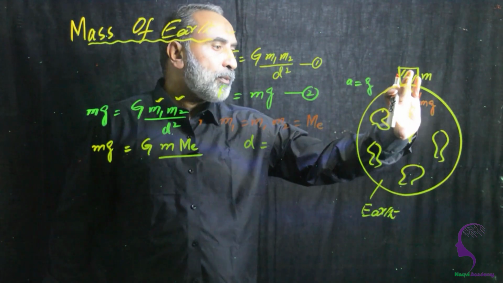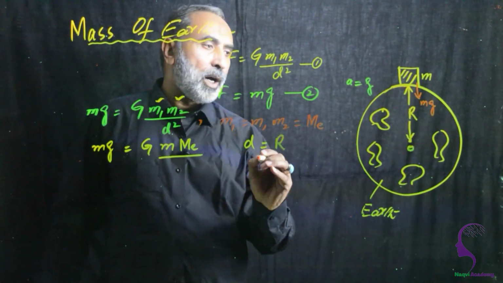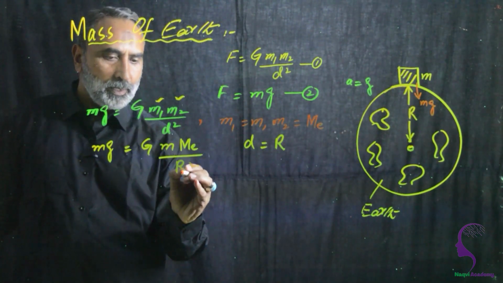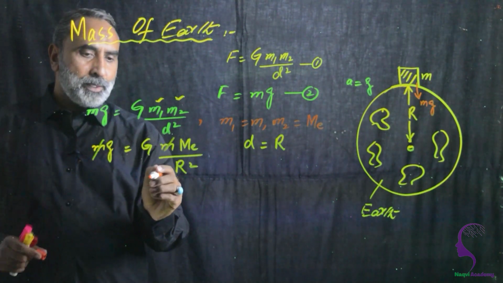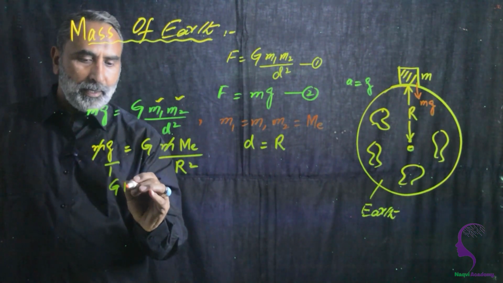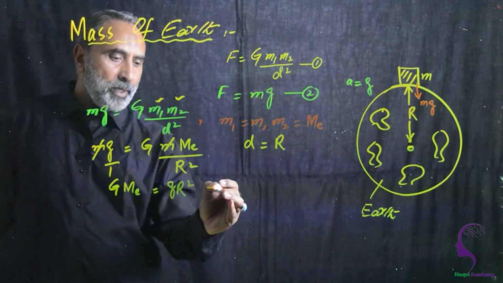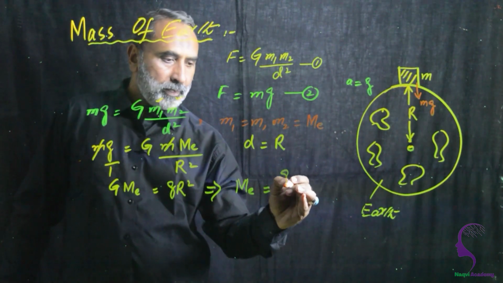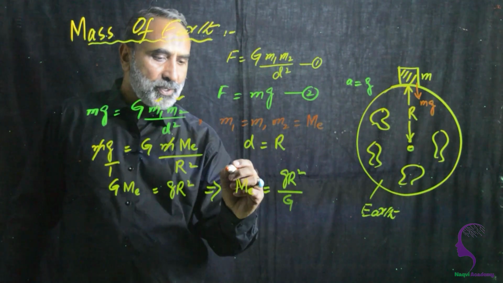D is the distance between the two bodies, and it's the center of the Earth, so it's replaced as r. R is called the radius of the Earth, which is r square. So m cancels on both sides. By cross multiplying, you get M equals g r square over G, so here you can calculate the mass of Earth by dividing by the gravitational constant.